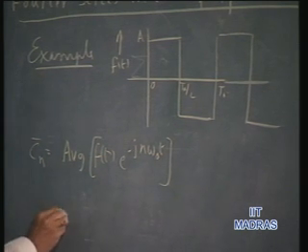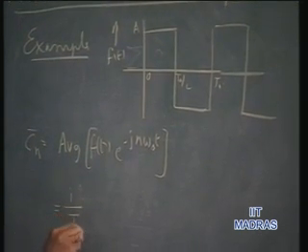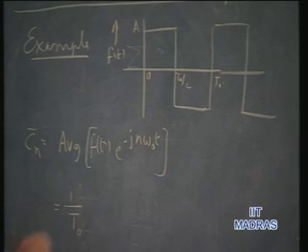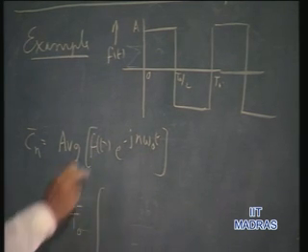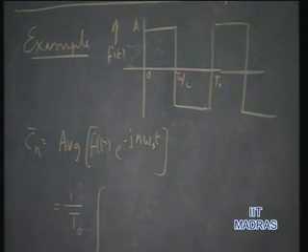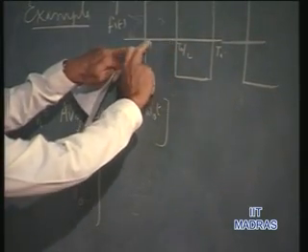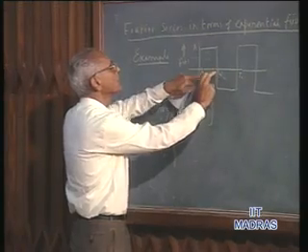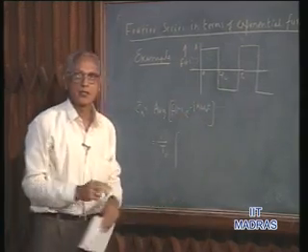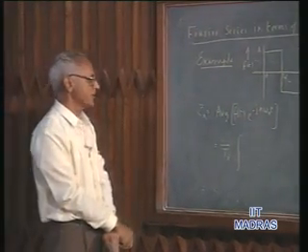So that will be 1 over T naught, and to find the integral, we split this up into two parts, one from 0 to T naught upon 2 and the other from T naught upon 2 to T naught, because the value of the function changes in these two intervals.